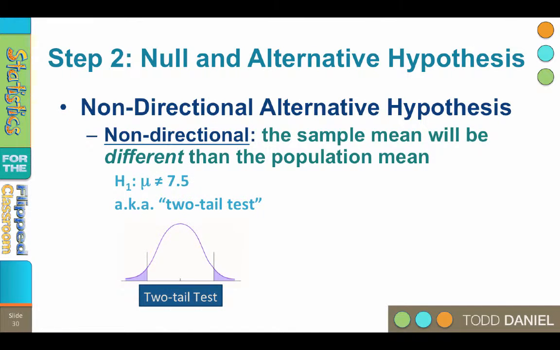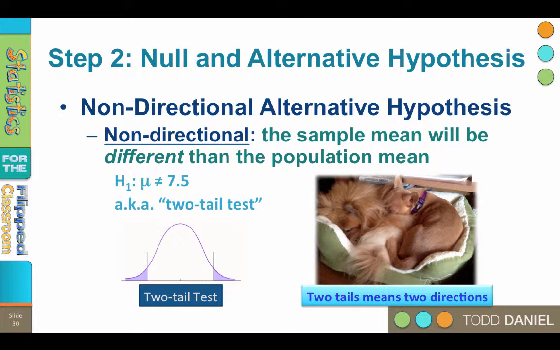We could write a non-directional alternative hypothesis as H sub 1 colon mu does not equal 7.5, meaning the average weight of babies born in Siberia will be different than the world average of 7.5 pounds. This type of hypothesis uses a two-tailed test because we are considering change in either direction. 2 tails means 2 directions.